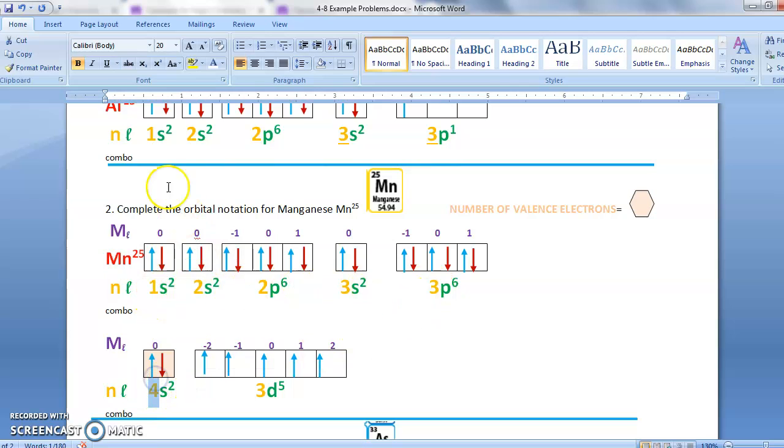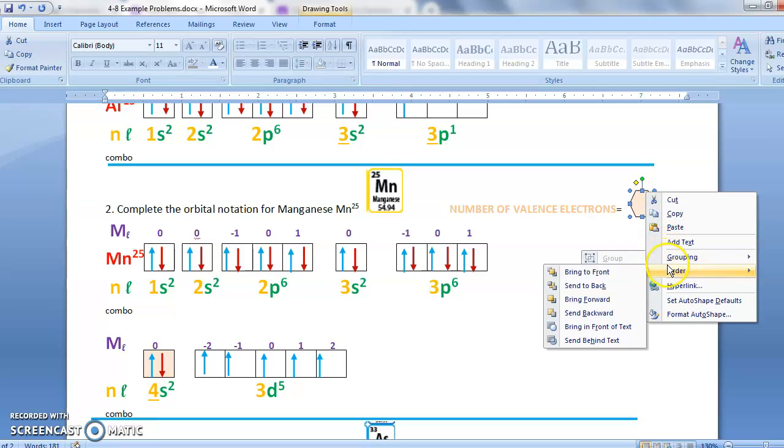My biggest first number is a 4. This is a 3, so these are not valence electrons. This is the 4. Those 2 are valence electrons. So I'll come over to my box right here, and I'll put in the number 2. There are 2 valence electrons here.